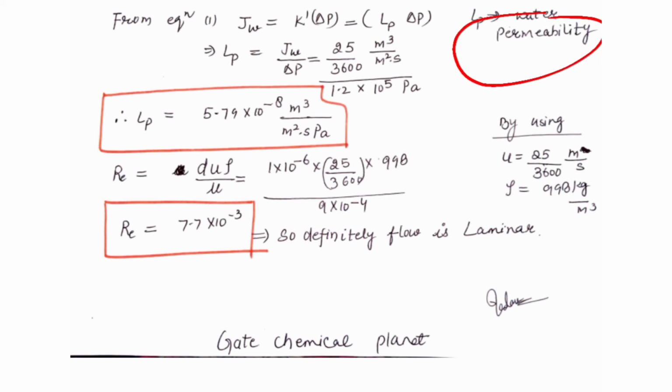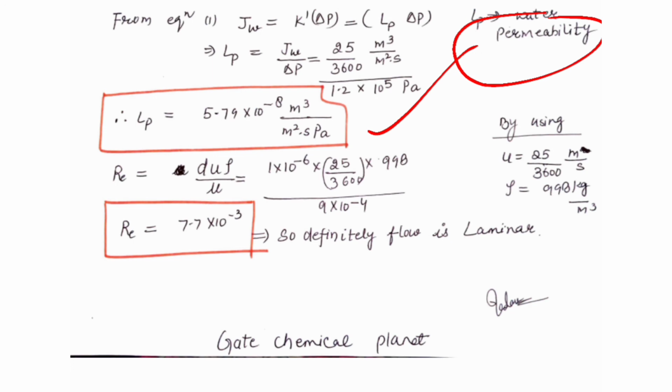So we can write LP equals JW divided by delta P. We will get the value of LP as 5.79 into 10 to the power minus 8 meter cube per meter square second Pascal. In this way we have calculated the value of water permeability.